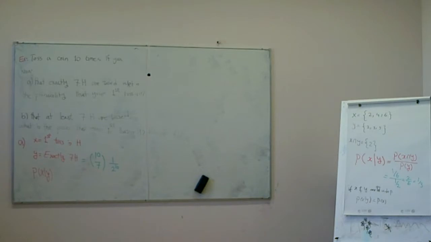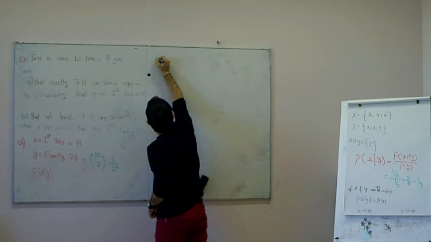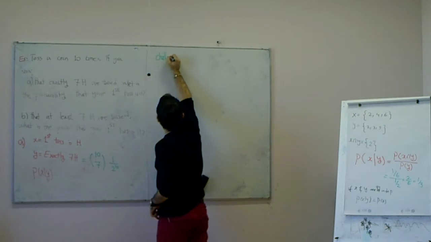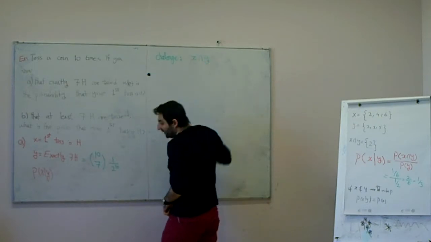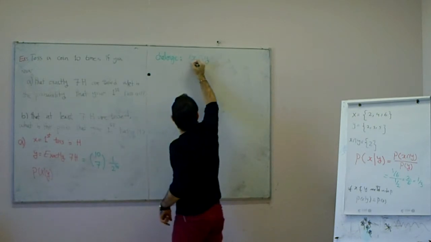So the challenge here is to find X intersected by Y. In other words, the probability of that one.